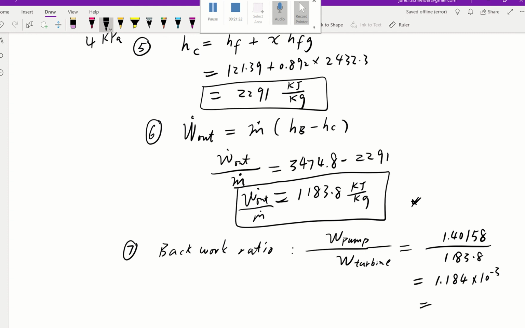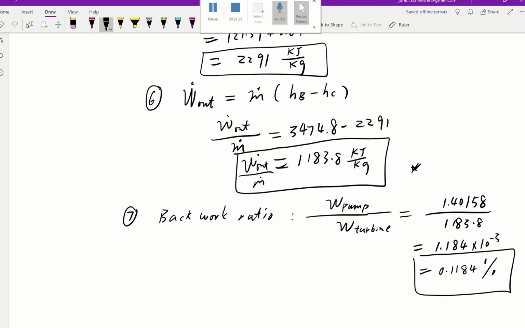If we change that to a percentage, that would be times 100, so that gives us 0.1184 percent. Okay, so that's the backwork ratio.